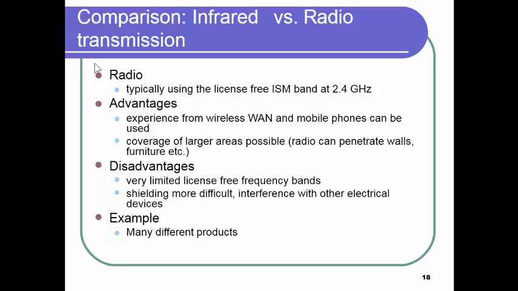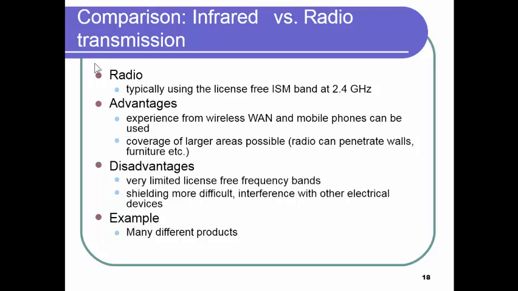Then the comparison between infrared and radio transmission. In case of radio, the frequency is in the range of 2.4 gigahertz, typically using the license free ISM band.